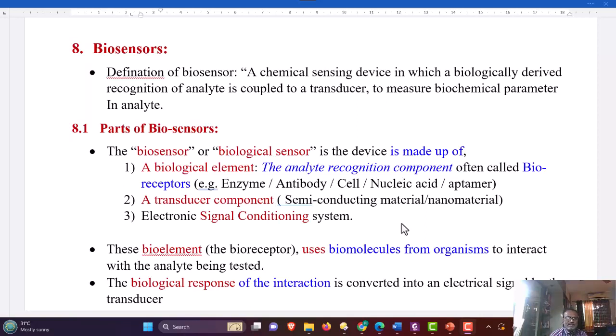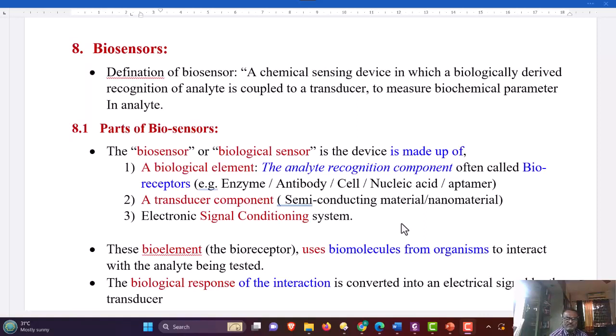Typical parts of the biosensors are the biological element. This biological element is the component which recognizes the analyte, often called bioreceptors. These bioreceptors are normally enzymes, or they can be antibodies, cells, nucleic acids, or aptamers.